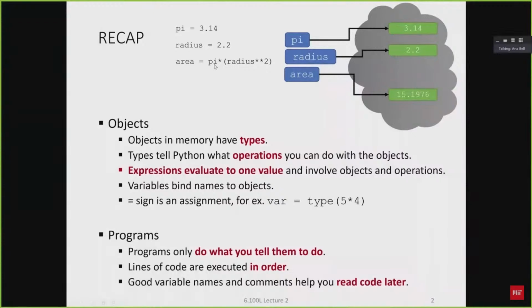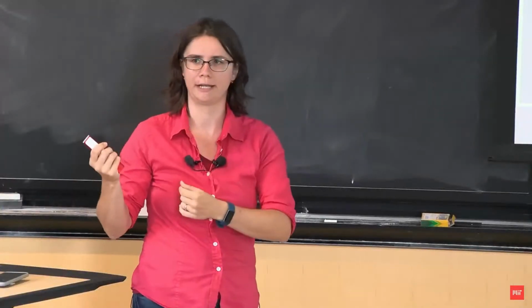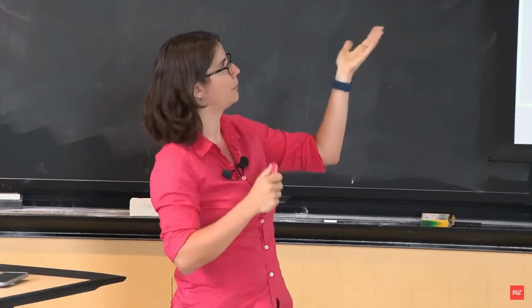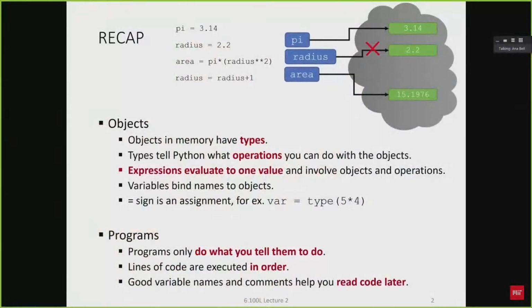Okay. And we can do something like this in Python, which we can't actually do in math, right? If we did this in math, the expression would basically say 0 equals 1. But in Python, it's totally fine because, again, we evaluate the thing on the right-hand side of the equal sign. So on the right-hand side, we say, I want to grab the value of radius, so 2.2, add 1 to it, 3.2, create this object in memory.